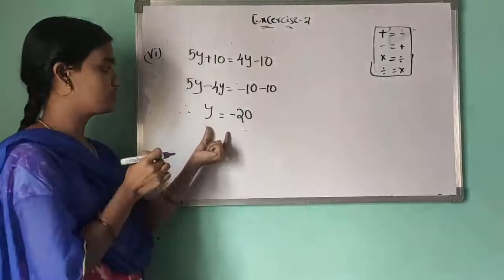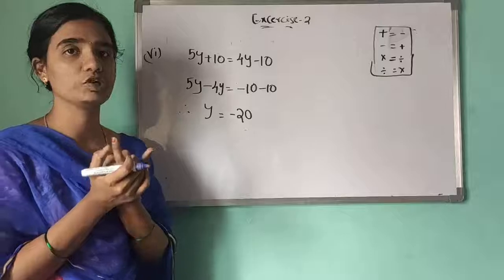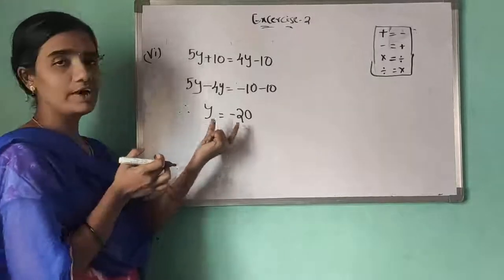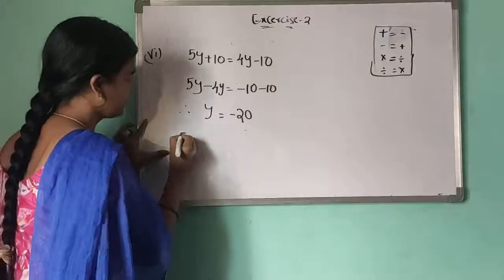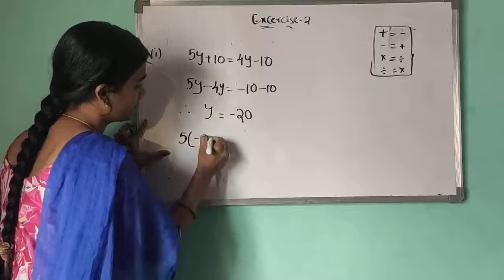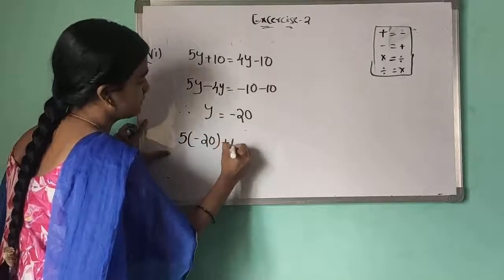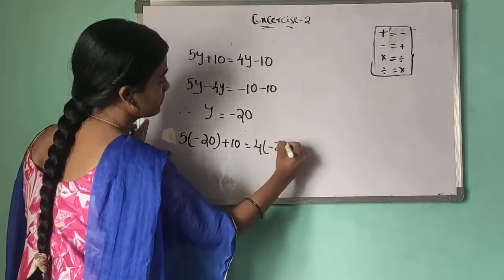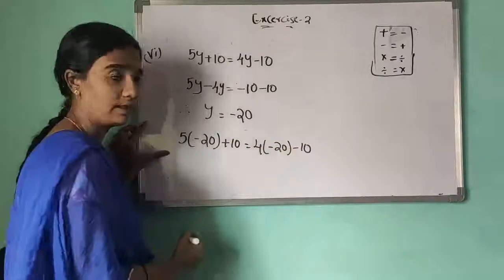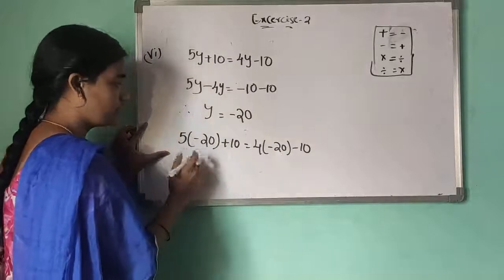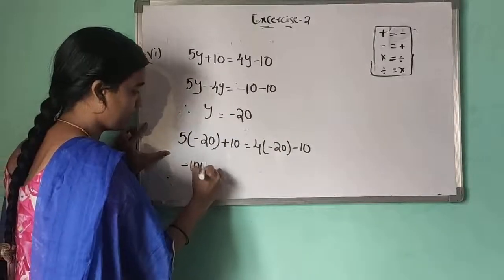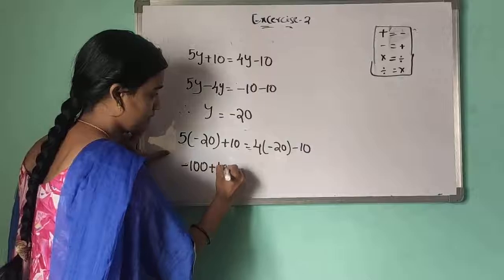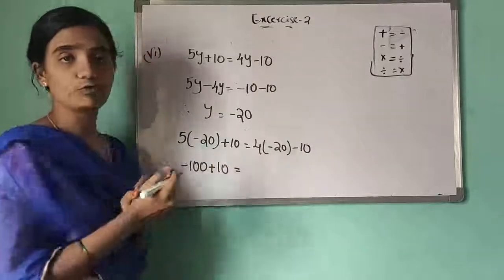How can we check if the y value minus 20 is right or not? By substituting the y value into the given equation. See, 5 into minus 20 plus 10 equal to 4 into minus 20 minus 10, right? 5 20s are 100, minus 100 plus 10, equal to 4 20s are 80.